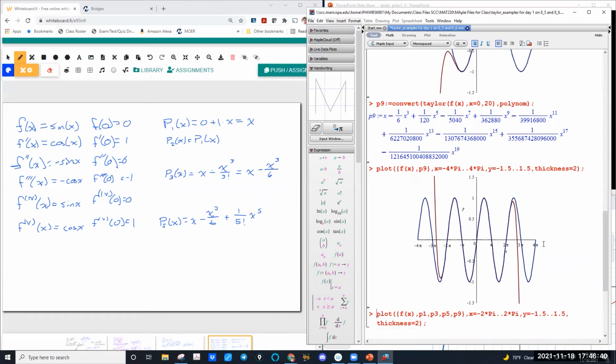So that's the main thing behind these Taylor polynomials. What they do is they allow us to use a polynomial to model functions that aren't polynomials. Right now we're just doing a basic one like sine x, but we can do this with much more complicated functions. So that's the true power of these Taylor polynomials. Because again, polynomials are much easier to deal with.